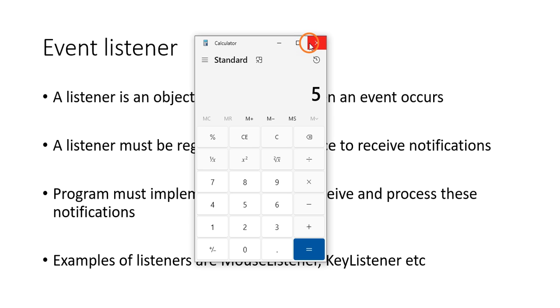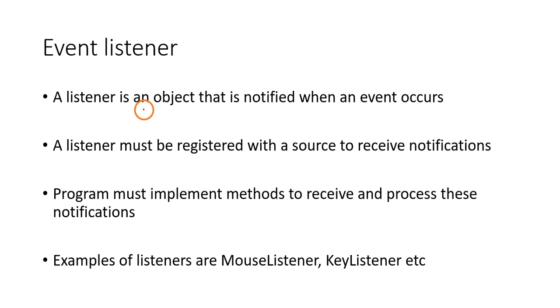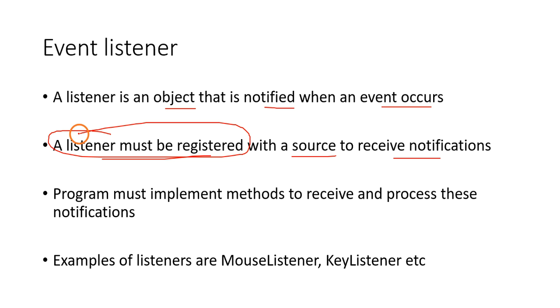That's all, very simple. It is an object that is notified whenever an event occurs. One important thing is you have to always register a listener to a source if you want to receive notifications. If you want something to happen when you click, you have to register the listener with that source.